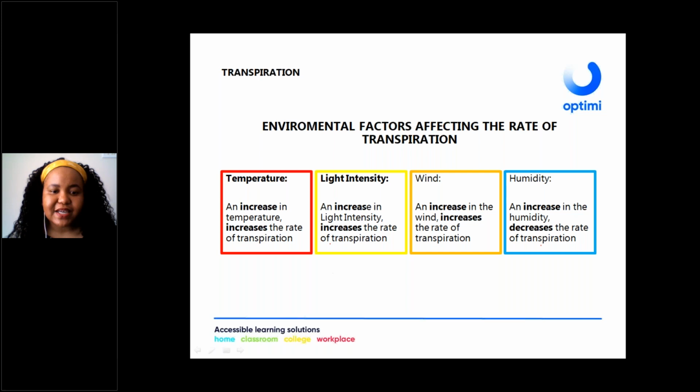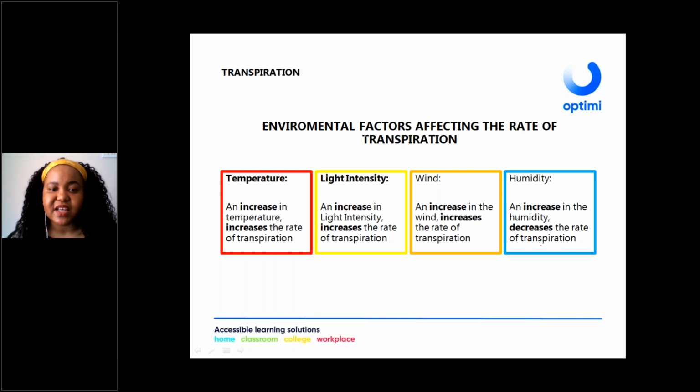Let's go back to photosynthesis. During photosynthesis, water is absorbed from the roots of a plant and carbon dioxide is taken from the atmosphere. Now we need energy to form these sugars.